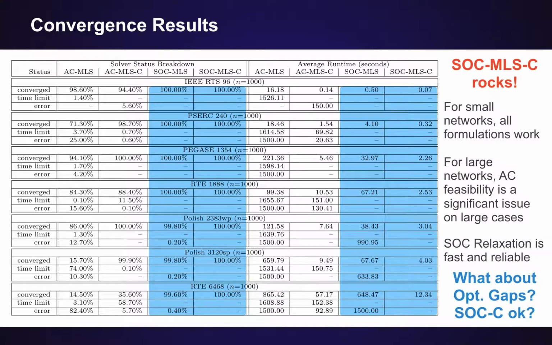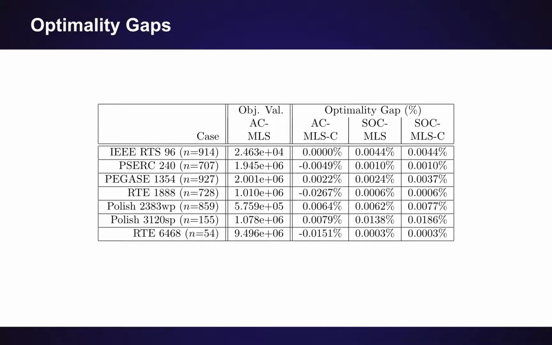So the next important question is, what do the optimality gaps look like? Because even though this formulation is very reliable and scalable, maybe its quality is really bad as well. So this table summarizes the optimality gaps, and you'll notice that the number of cases is getting smaller and smaller as we get to bigger cases.